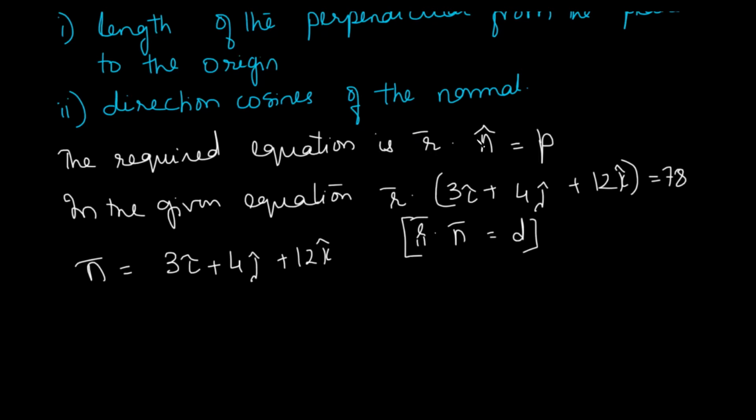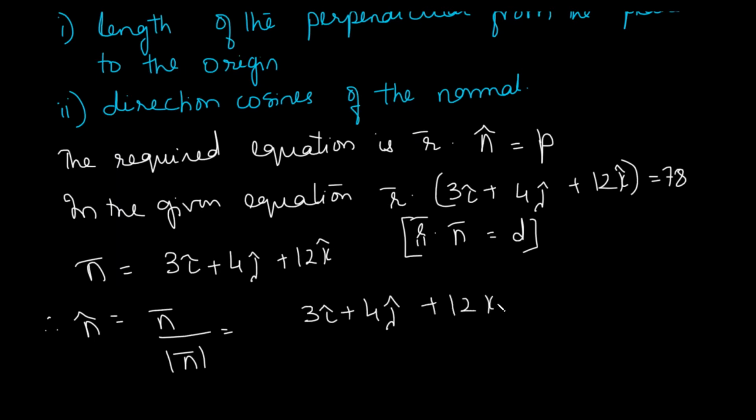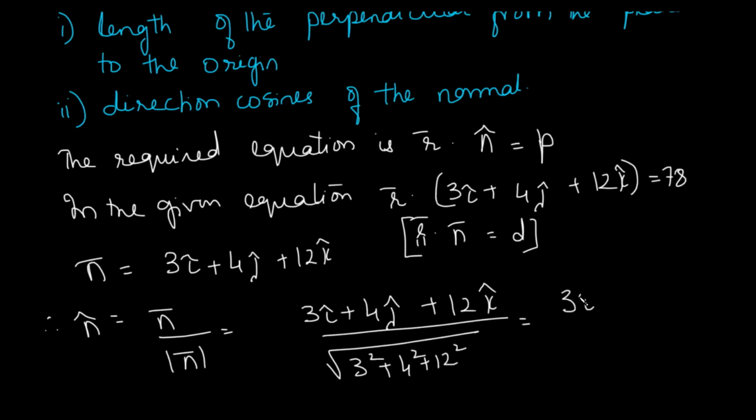So from n bar, of course, we can find n cap. Therefore, n cap is equal to n bar upon mod n bar, which in this case becomes 3i plus 4j plus 12k upon root of 3 square plus 4 square plus 12 square, which is the same numerator, 3i plus 4j plus 12k upon root of, now 12 12s are 144, 144 plus 16 plus 9 gives us 169.